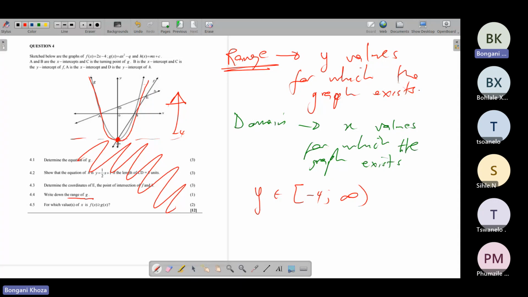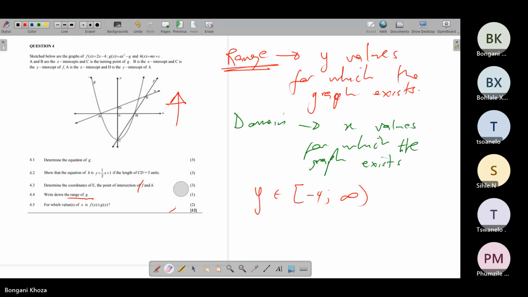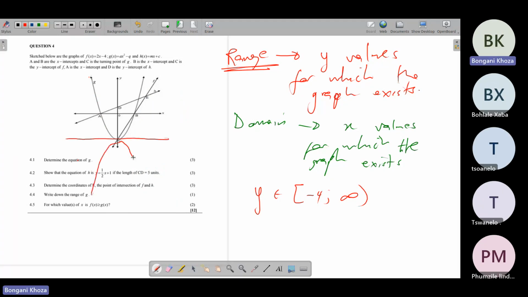Just go to the turning point and check whether your graph is above or below the turning point. If your graph was below the turning point, going down from the turning point, this was -4.